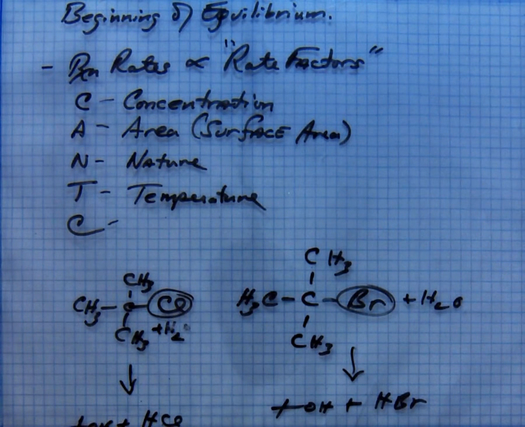Typically, if you heat an organic reaction, it will go faster. If you heat an inorganic reaction, typically it will either do nothing or slow down. But this is the factor that if you change temperature, something happens to the rate of reaction. And it depends exclusively on the nature and character of that reaction.